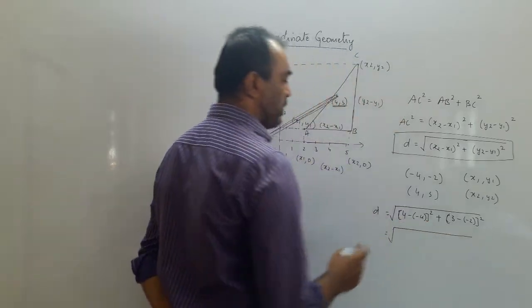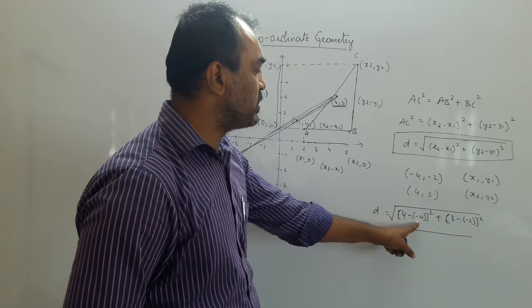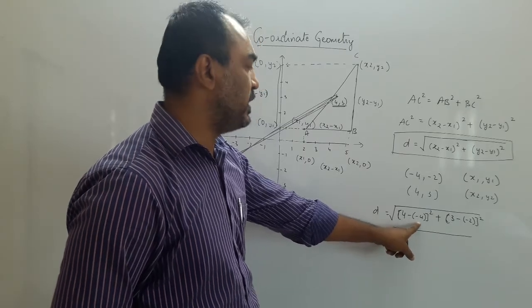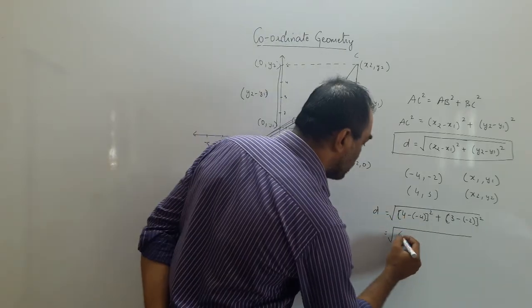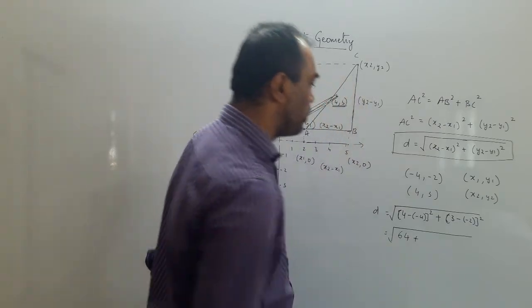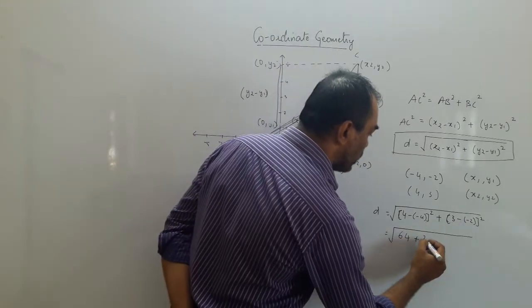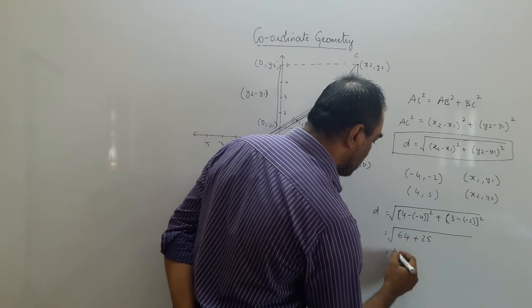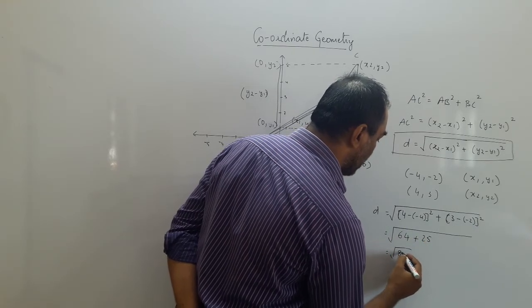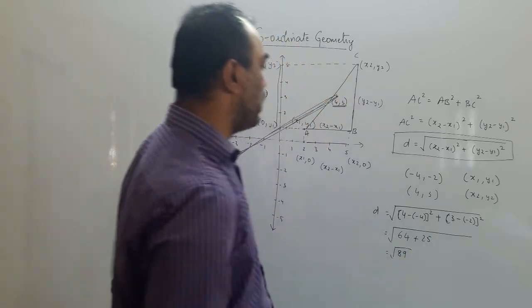What is 4 minus minus 4? Minus into minus is plus. So 4 plus 4 becomes 8. 8 square is 64. 3 minus minus 2 becomes 3 plus 2, 5. So 5 square is 25. 64 plus 25 is 89. So the distance is root 89.